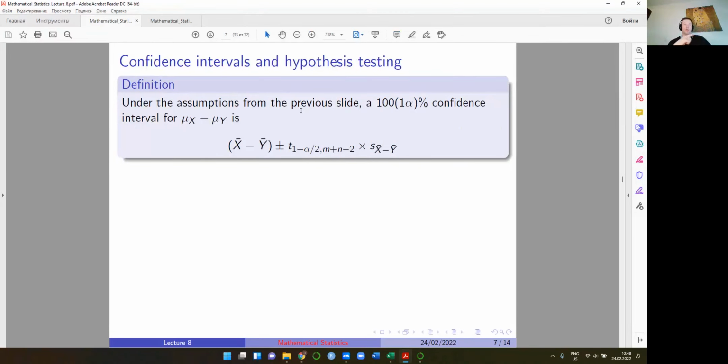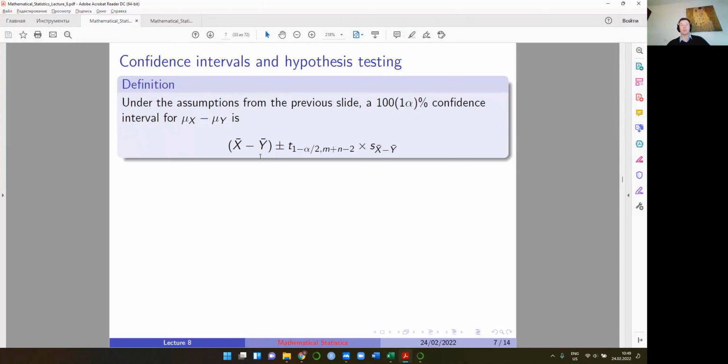Under those assumptions that we had on the previous slide, and please keep this in mind, the assumptions are normality of the two samples and similar or equal variances of these two samples. So under these assumptions, we have a 100 times 1 minus alpha % confidence interval for this population parameter, the difference of the population means, which is the following.